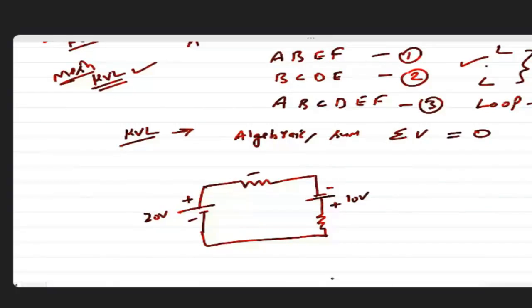This is 5 ohm and this is 1 ohm, and this mesh current is flowing like this. The first step is to assume the mesh current.